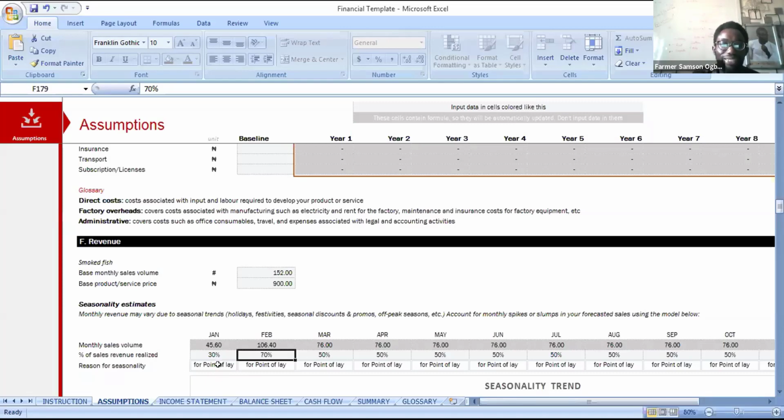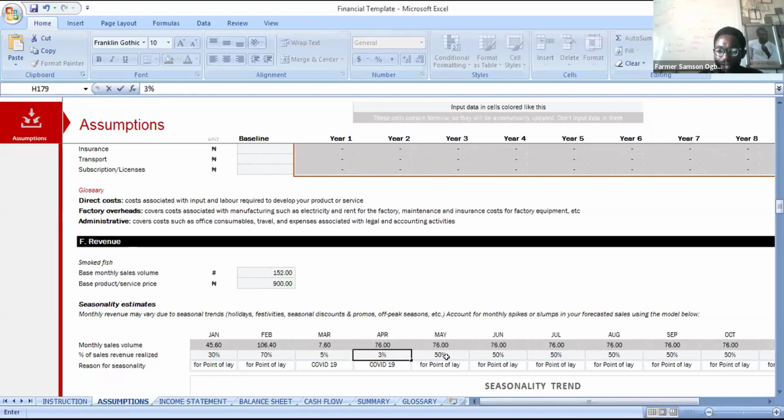Now, for everything that has seasonality, you can explain. For example, you would say, for this year, from March, there was COVID-19, so because of that, I only had 5%. Again, COVID-19, so I had a reduction to even 3%.